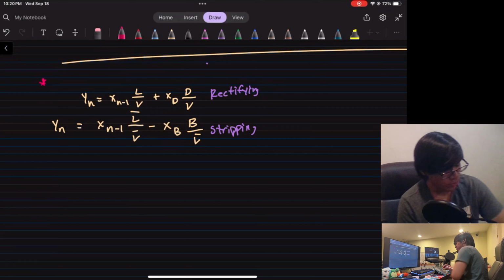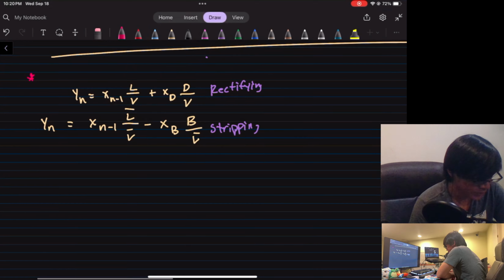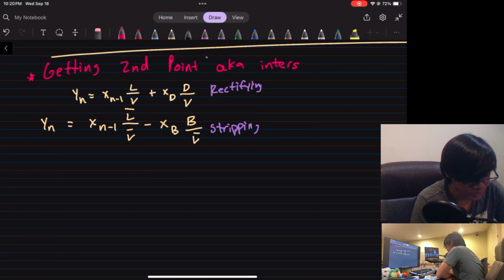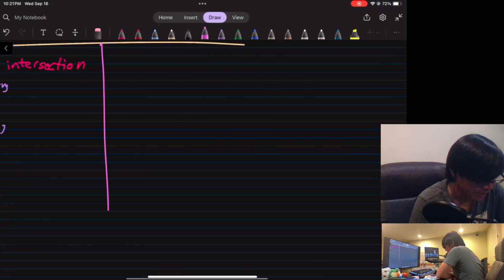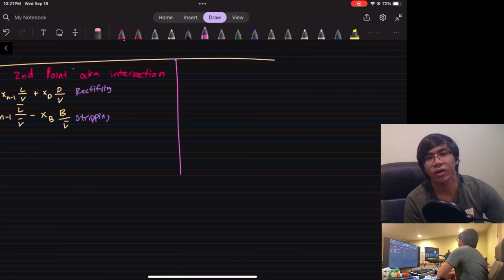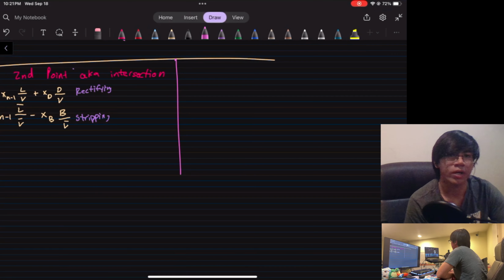Okay, sorry about the pause there. This is actually what we're going to use for getting our second point. Getting the second point means I will get that intersection, but we should derive our Q line first. So again, using the same equations, our rectifying operating line and our stripping operating line.